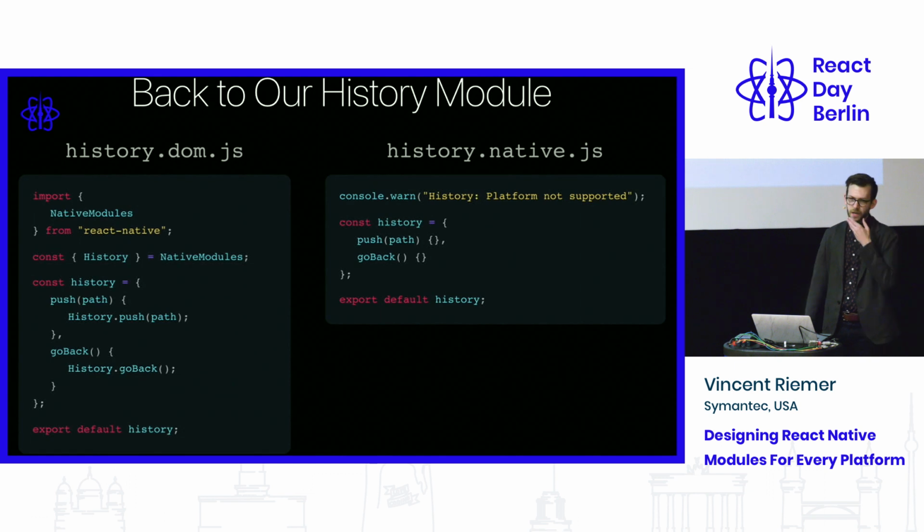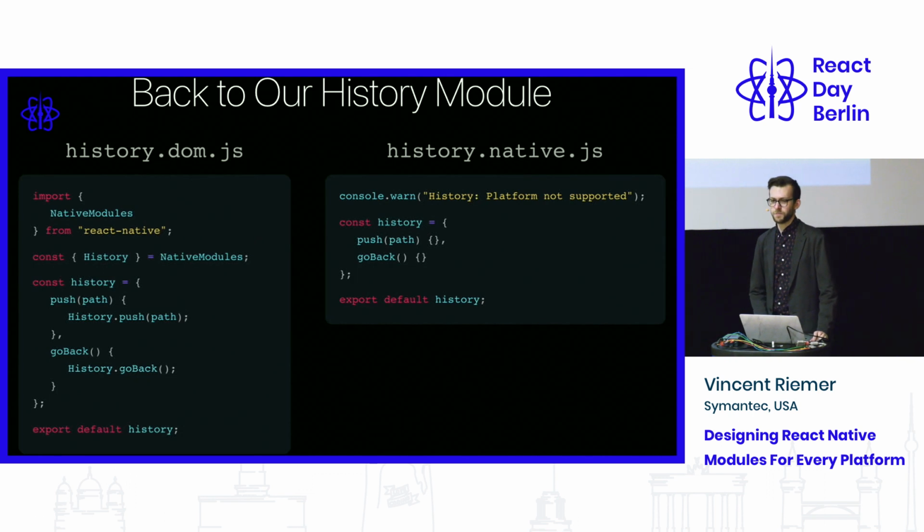If you really need that functionality, you can go back to that native module and contribute a native module implementation. But it doesn't break immediately, so you don't feel like you have to just raise your hands and say, okay, I guess my app is not going to support this platform just because it fails to compile. It's up to you.